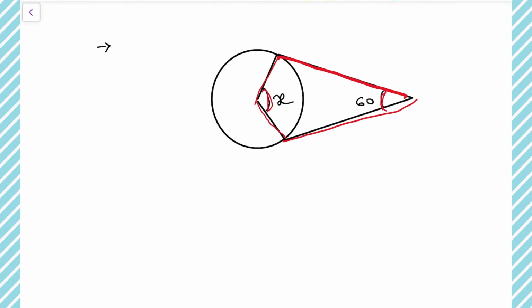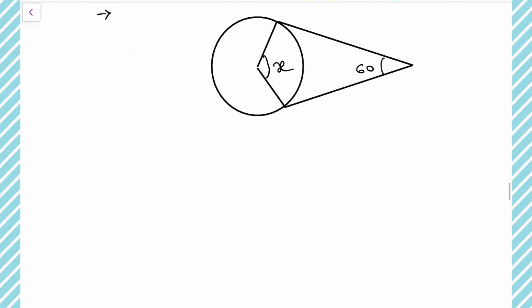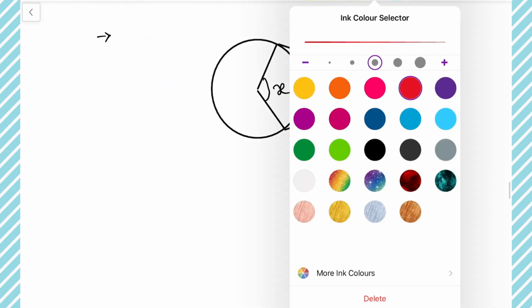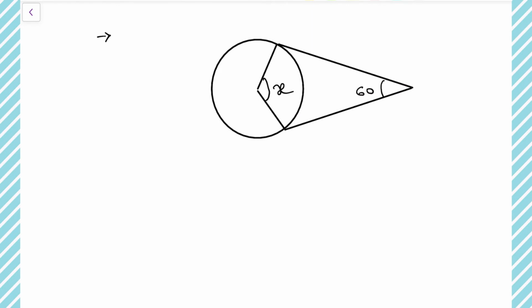Now if we observe this figure clearly, this is a radius. The radius is touching the tangent here. Where the radius is touching the tangent, it makes 90 degrees. And this is the second radius, this is the second tangent. Where the radius is touching the tangent, it makes 90 degrees.